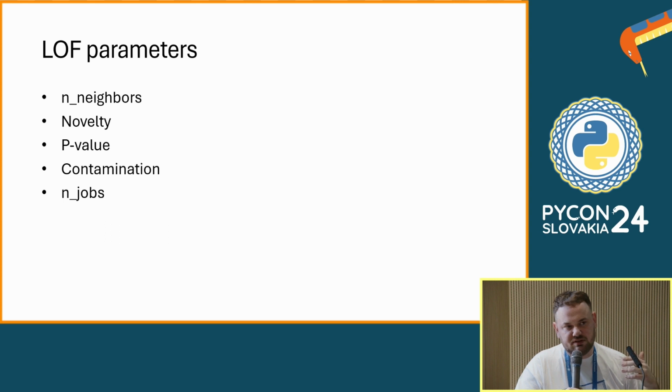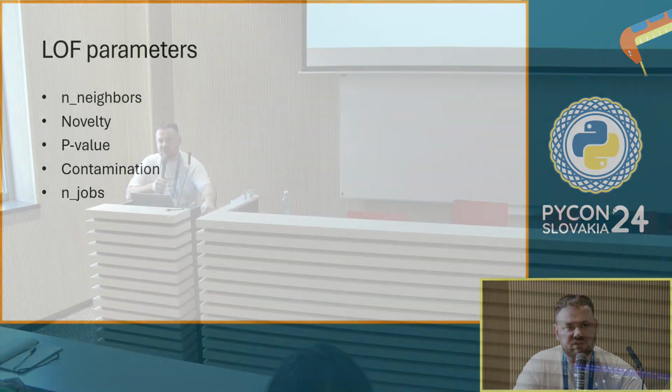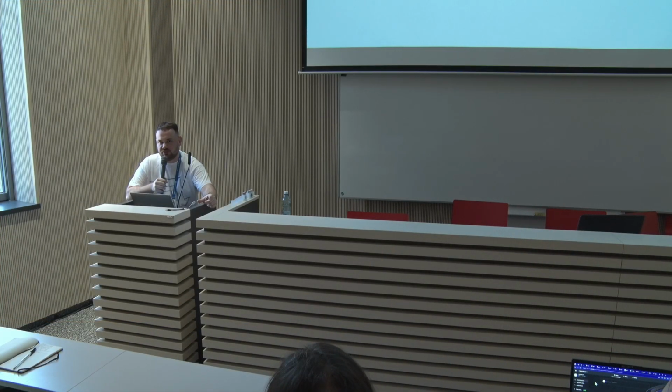Until scikit-learn library version 0.2, the attribute called contamination was set to 0.1 by default, which represents that 10% of the dataset will be anomalies. After this update, it was changed to auto, so it will calculate based on the amount of data points. It is also dependent on the relative density of the data, how many anomalies we want to find.